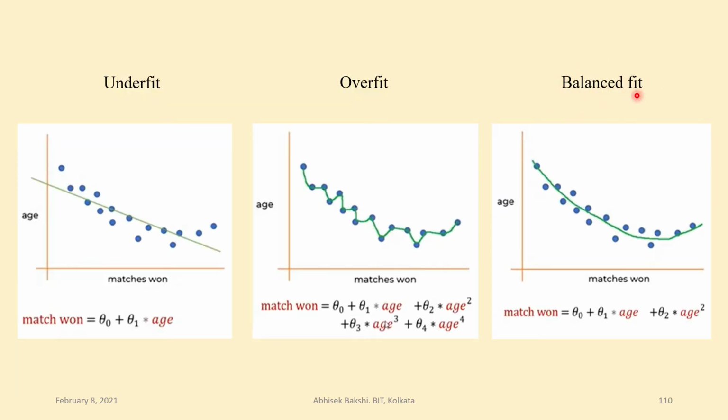In the case of a balanced fit, you can see that the curve is something like this, which has not yet touched all the points, but still I can say it's a balanced fit because this curve can capture the non-linearity between the points in the whole feature space. That's why this curve can show the general behavior of the training dataset.